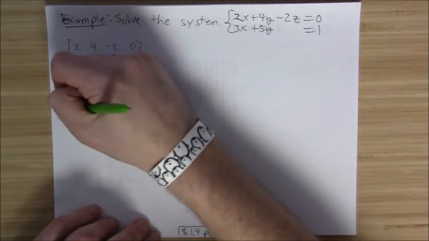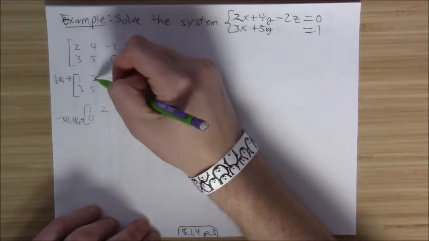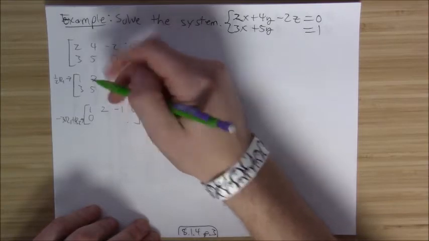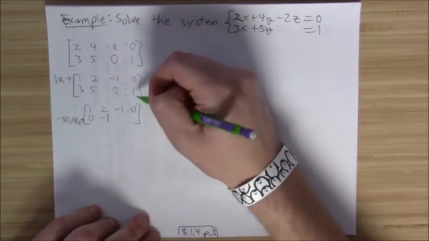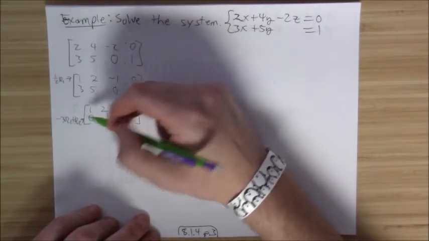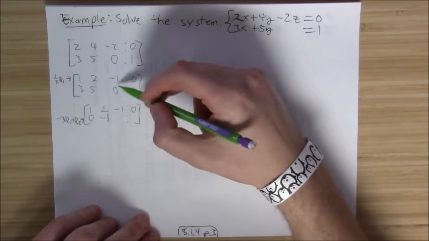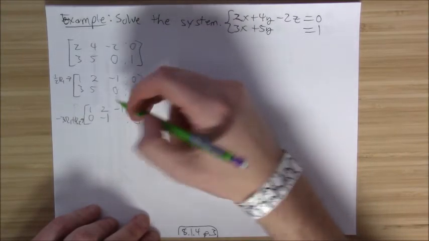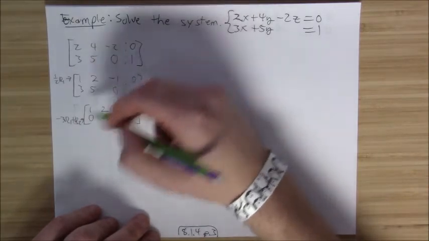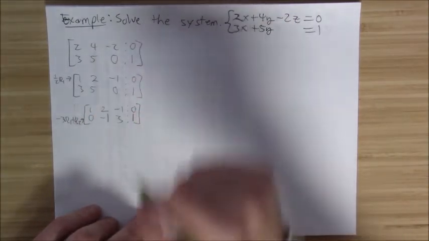But in the bottom row, we'll have a 0 there. -3 times 2 is -6, plus 5 is -1. And then I would have 3 plus -3 times -1, which is +3, added to 0 is +3. And then -3 times 0 is 0, added to 1 will be 1 still.